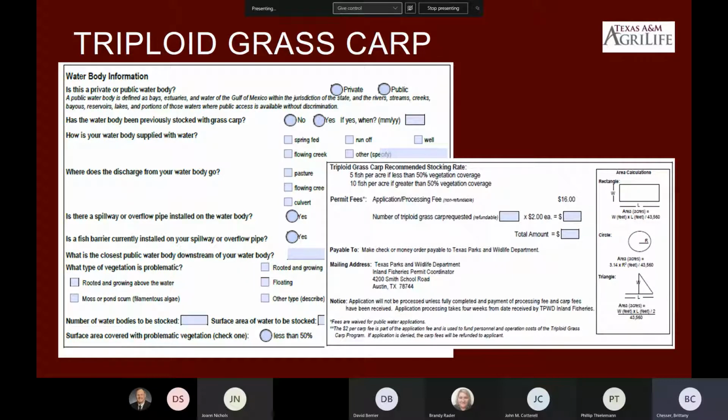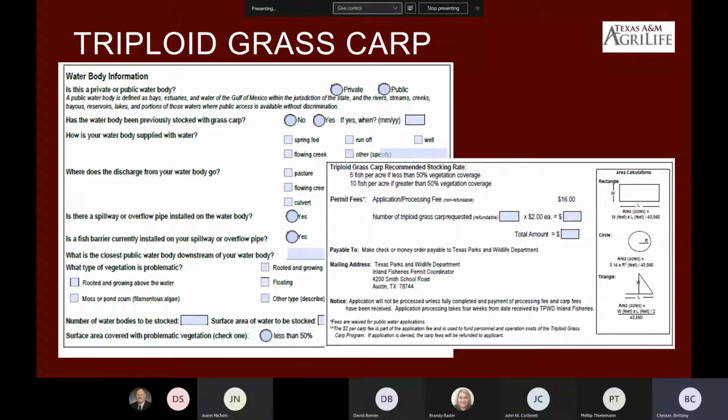Yes, this is what Texas Parks and Wildlife recommends, but they're also stocking large amounts of grass carp in certain areas. Grass carp stocking rates really vary depending on the type of vegetation you have, and sometimes stocking rates can go from 50 to 100 grass carp per acre.